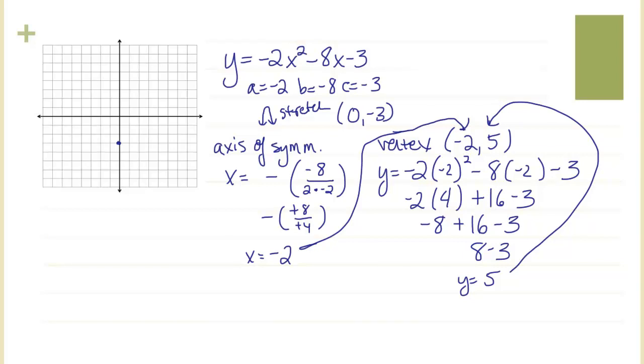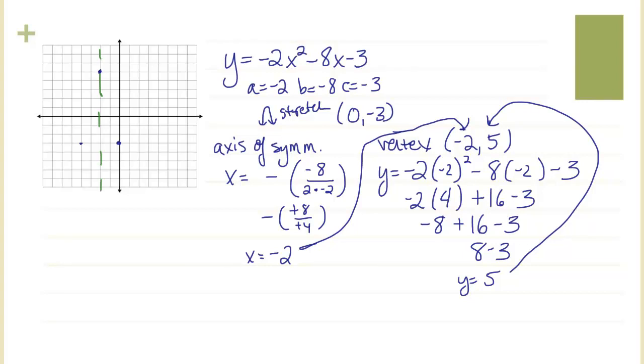Let's get our axis of symmetry in place. Look how far apart our y-intercept and our vertex are. We know it's a maximum. We know it opens down. We know that if that's 2 points away, that's 2 points away.